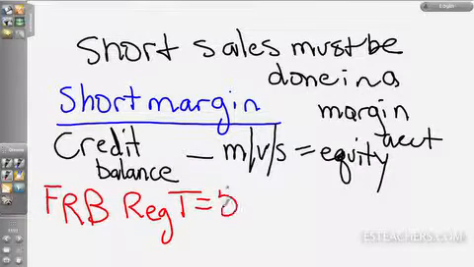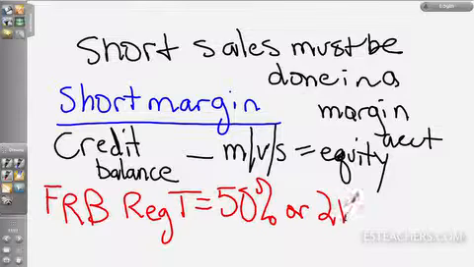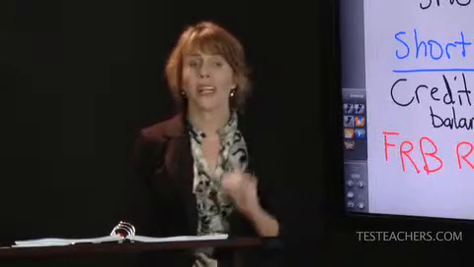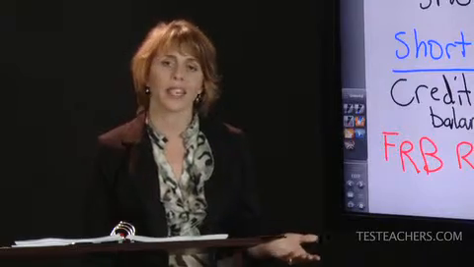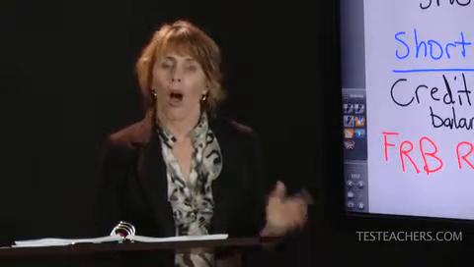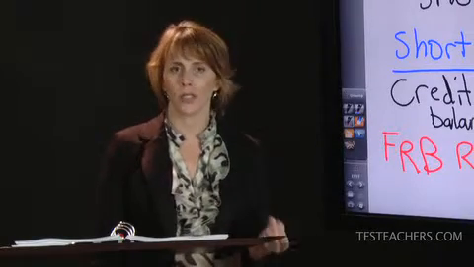Regulation T is 50% or $2,000, whichever is greater. Whichever is greater. That's what it is. Sometimes the test question might say Regulation T is 60%. All they're trying to do is see if you understand what it means.